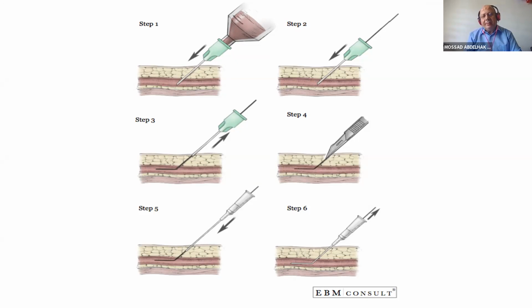During the change, you introduce the wire, and sometimes you need to make a cut so you can introduce a bigger size PICC. At this point, you mustn't lose the wire, and you mustn't lose the cannulas. You must be very cautious about your measurements and use it wisely.